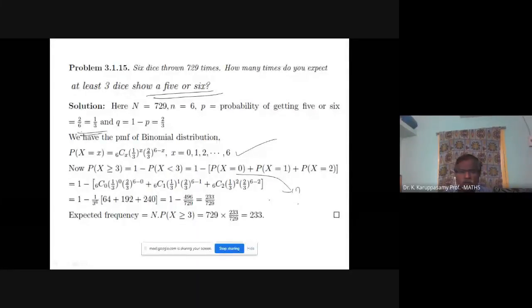In the previous line, if you put x equal to 0, 6C0, 1 by 3 power 0, 2 by 3 power 6 minus 0. Likewise, put x equal to 1, x equal to 2.